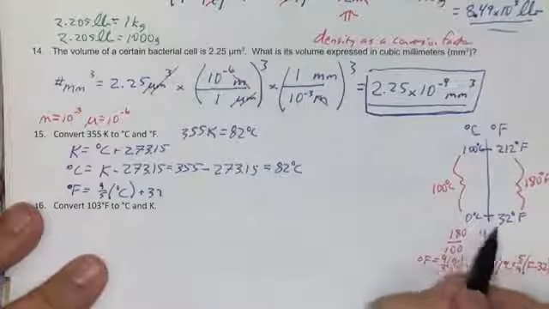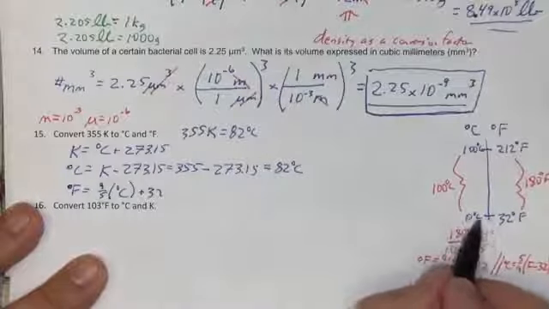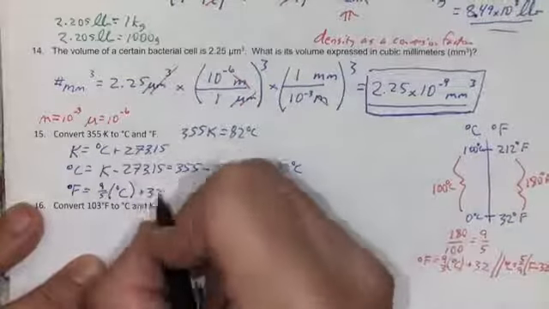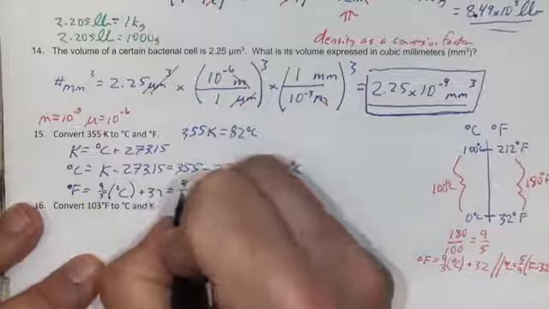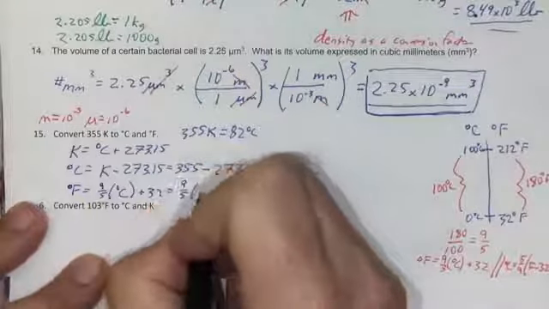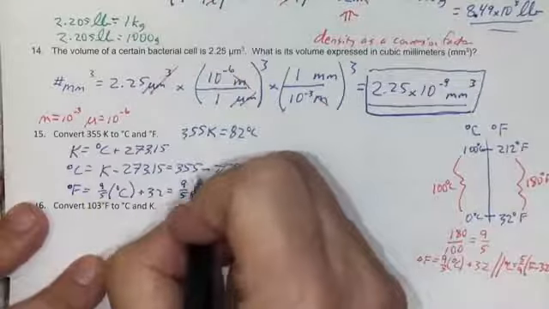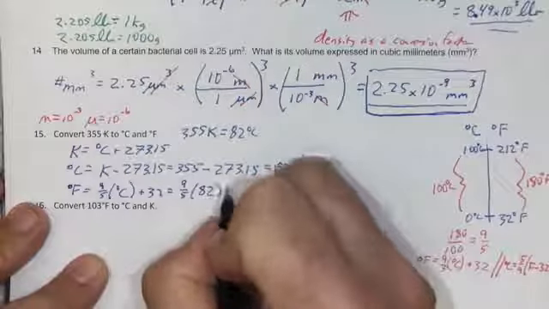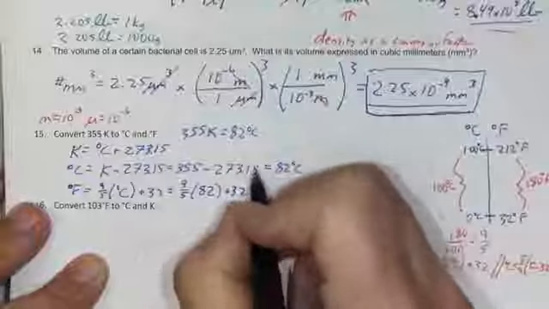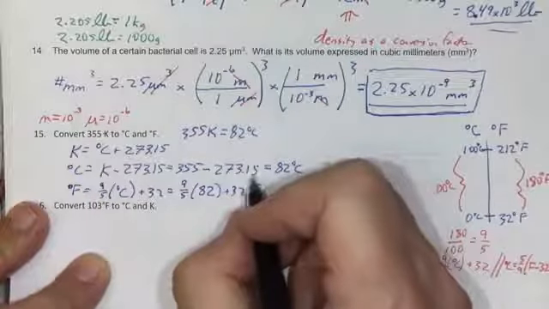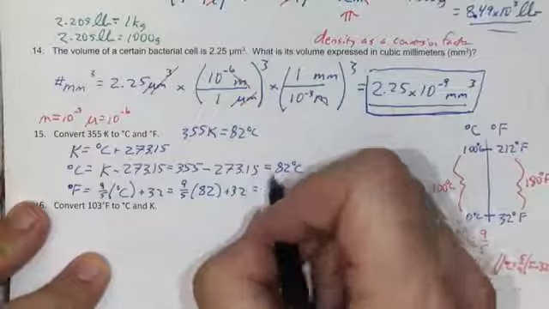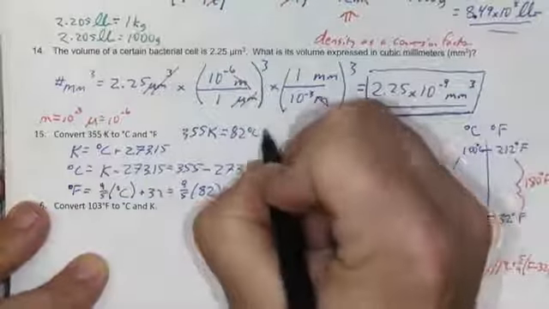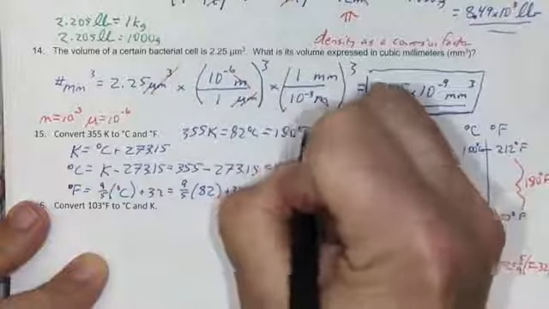We add 32 because that's the freezing point of water in Fahrenheit. So this will be 9/5 times 82 degrees C plus 32. And when we calculate this out, we will get the temperature in Fahrenheit to be 180 degrees Fahrenheit.